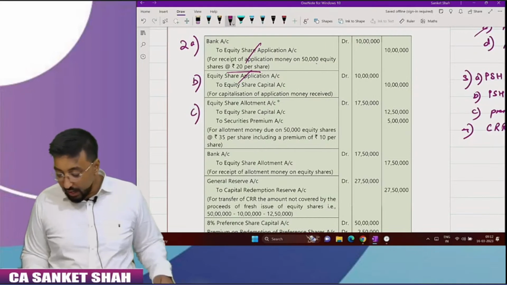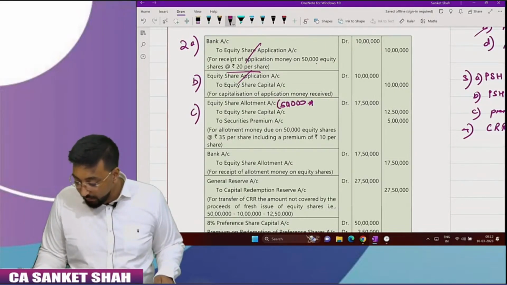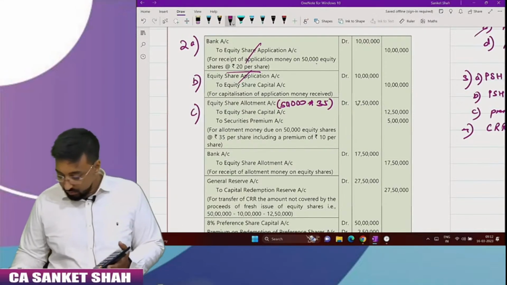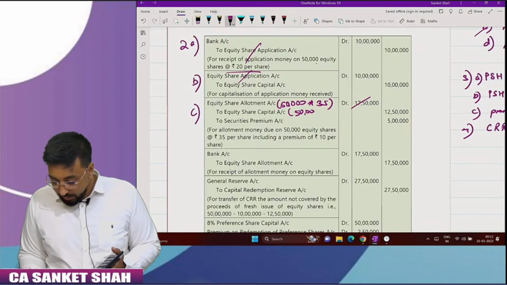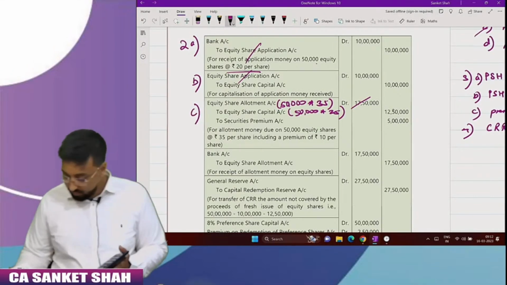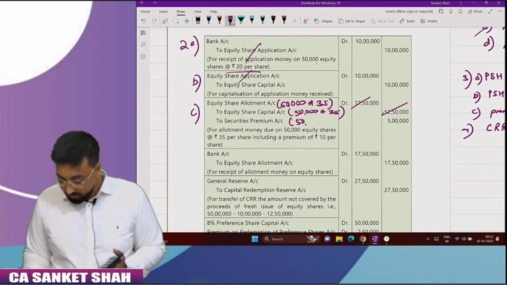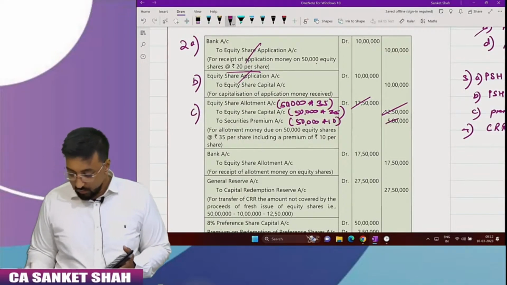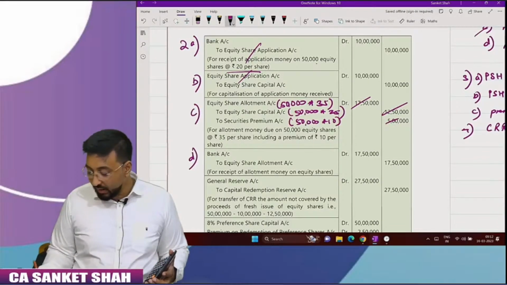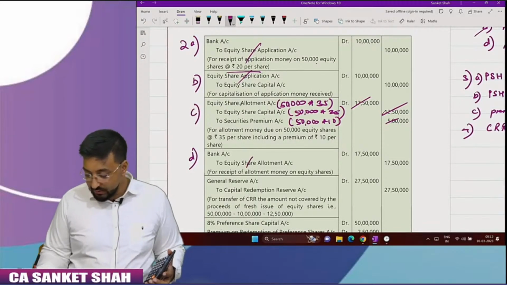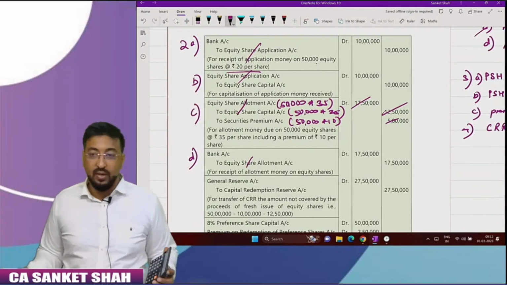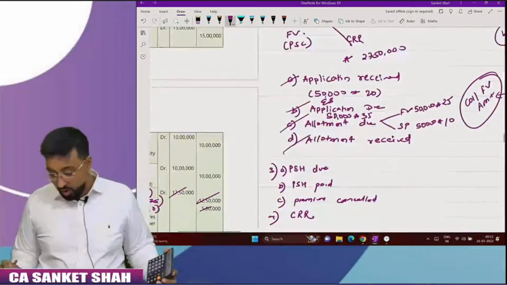So equity share allotment 50,000 into 35: 50,000 into 25 and 50,000 into 10. Correct? Then bank account debit to equity share allotment. Allotment will get cancelled. So this is the entry 2A, B, C, D. Very difficult or easy? It is very easy. So allotment received is also done.